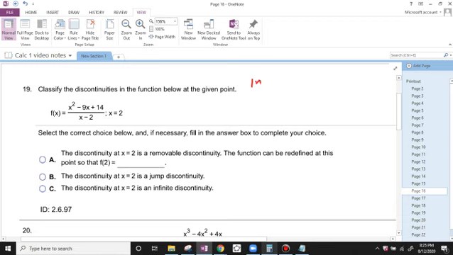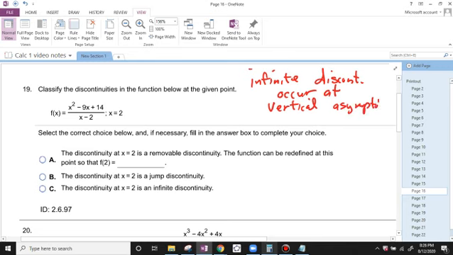Infinite discontinuities occur at vertical asymptotes, or in other words, when the simplified denominator is 0.